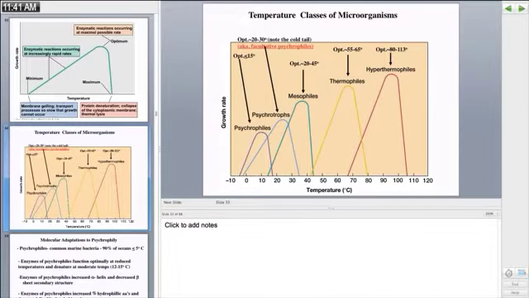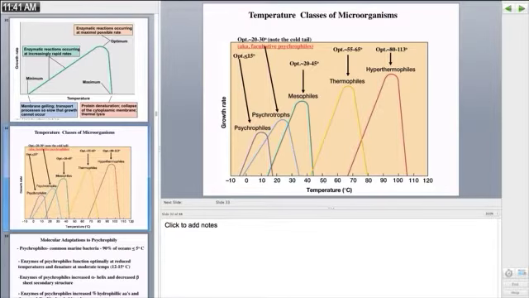This is important because this classification contains most of the bacteria that are important in food spoilage. If you think about the fact that food still spoils in your refrigerator in the dorm or at home, it's because there are certain bacteria that, while that's not optimal for them to grow in your milk carton, they'll still do it, even at refrigerator temperatures, and they'll spoil that food. So psychrotrophs are important from a food spoilage point of view.